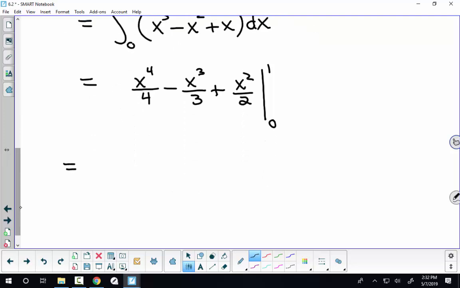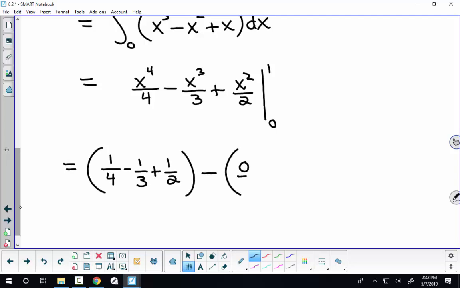The bounds are pretty easy. So we've got f of b, 1/4 minus 1/3 plus a half, minus f of a, which is 0 over 4 minus 0 over 3 plus 0 over 2.